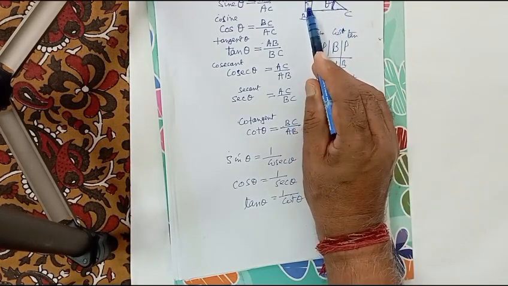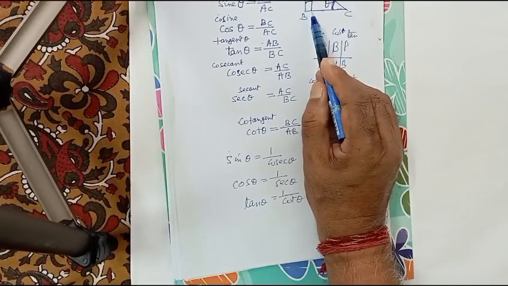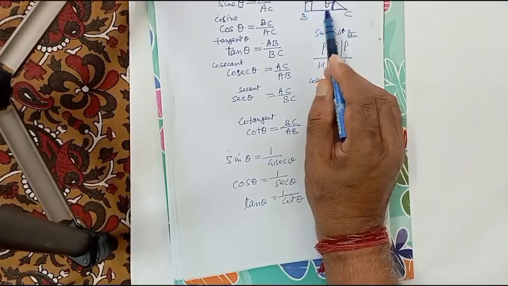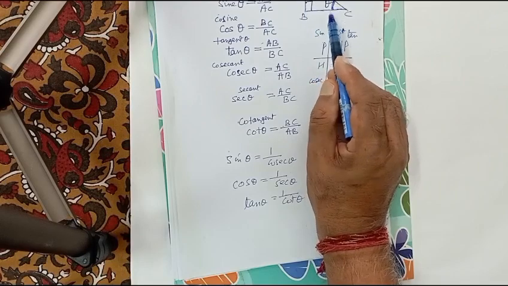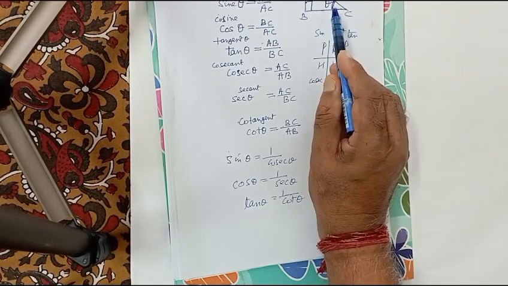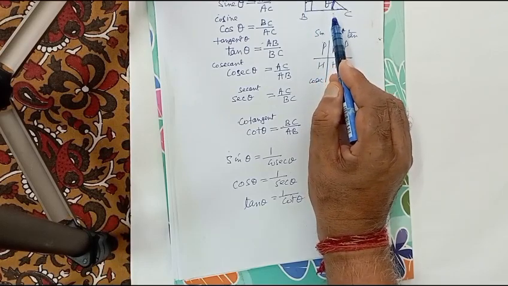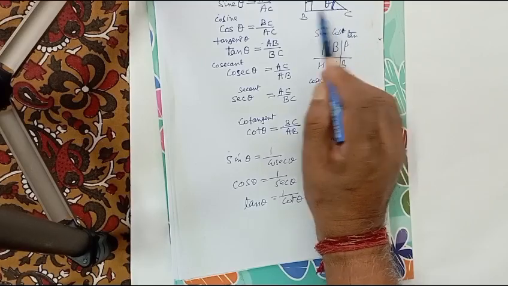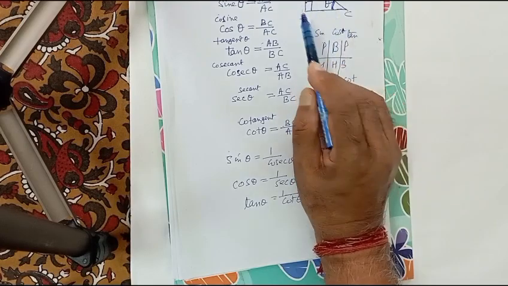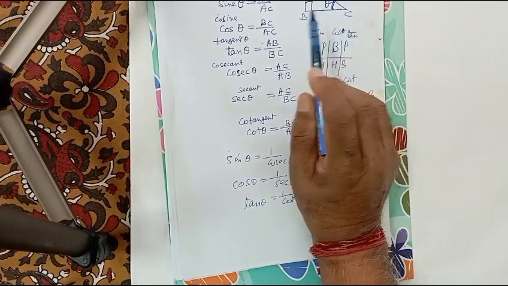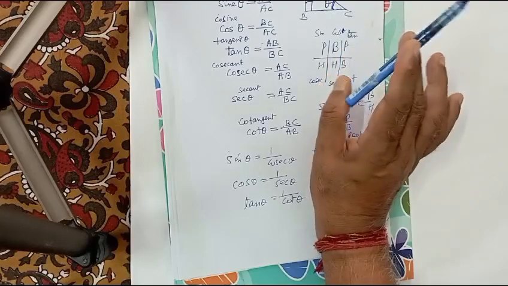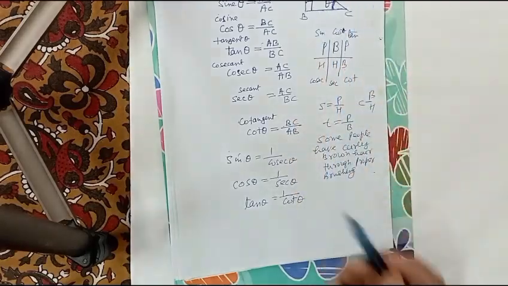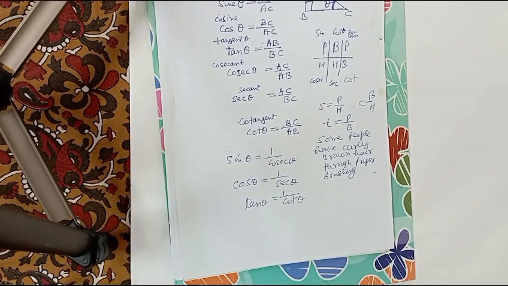So in this way, you have seen that in a right angle triangle, one angle is 90 degrees obviously. If you take any other angle which is acute, then for that angle we find the ratios of the sides of the triangle, and these are six ratios, called sine, cos, tan, sec, cosec, and cot.